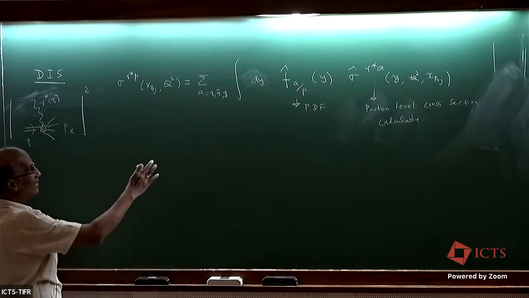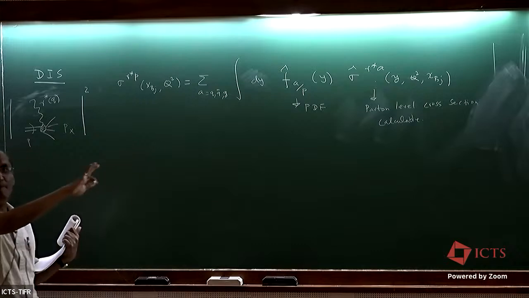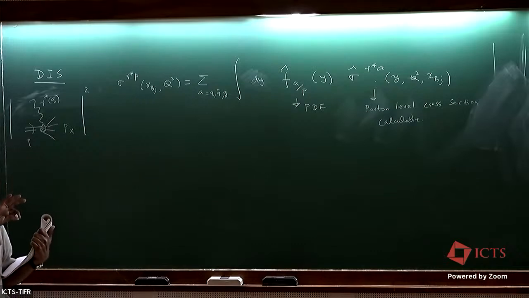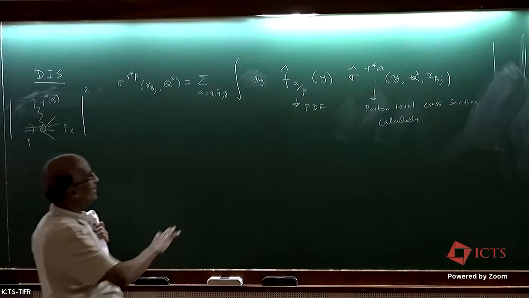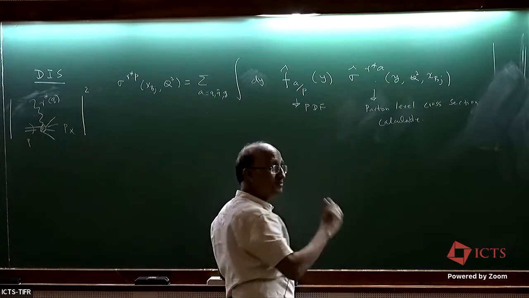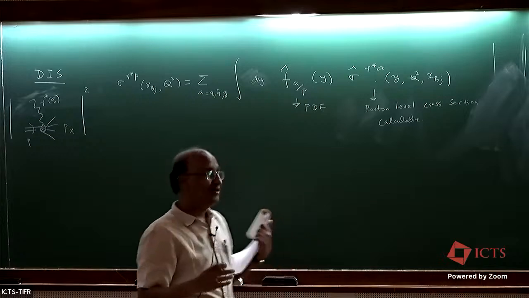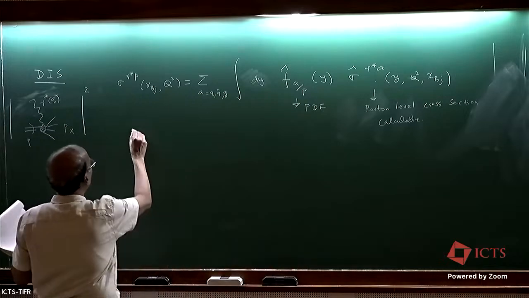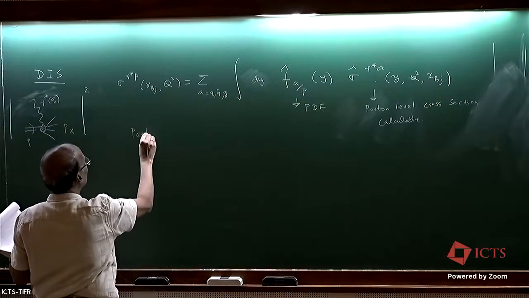Let's assume this formula is given to us, and see whether in QCD we can calculate this quantity explicitly, order by order in perturbation theory. So I'm going to use perturbation theory. Why?